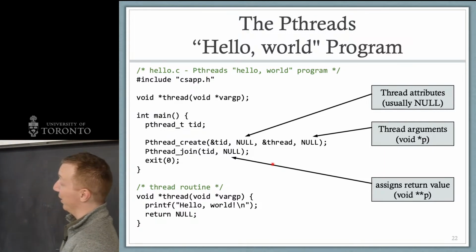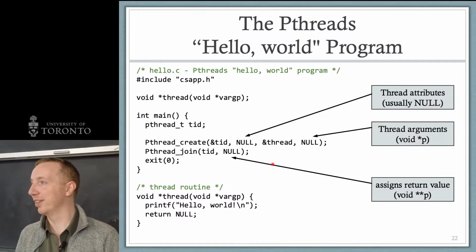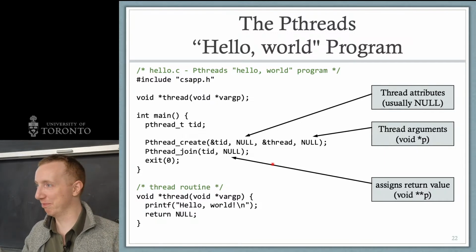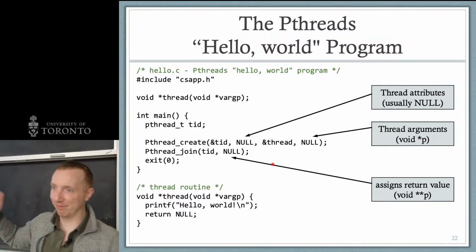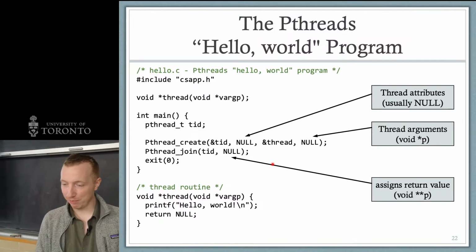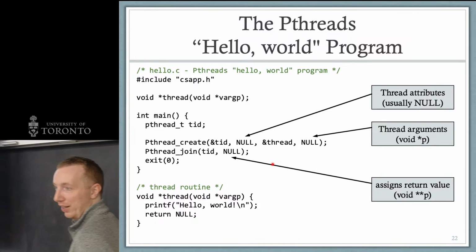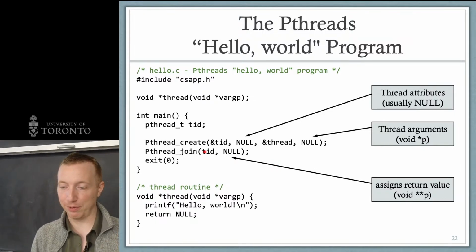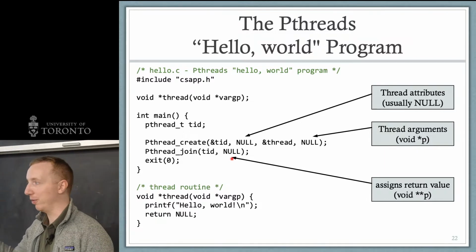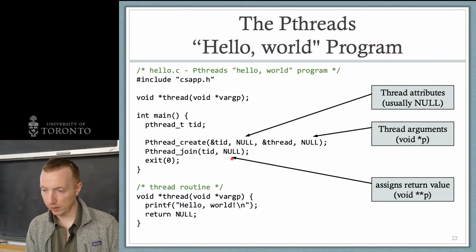So, should print hello world how many times? Once. That's it. So it just prints world once. Anything I need to explain here, or is it all right? The only other thing is for join. If I don't care about the return value, I can just give it null, and that says I don't care. Don't try and write anything there. I don't need the return value.